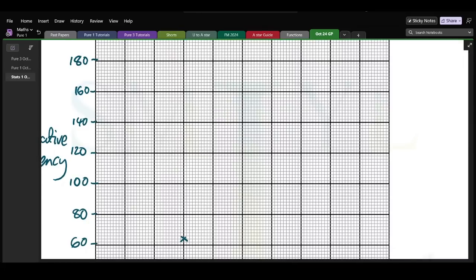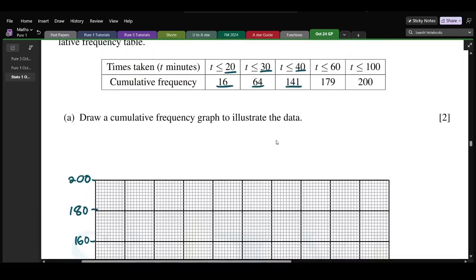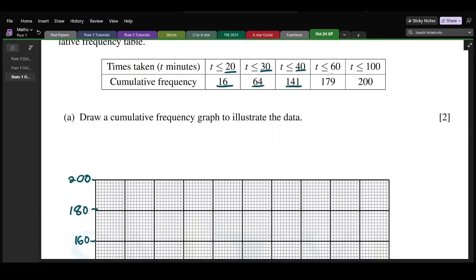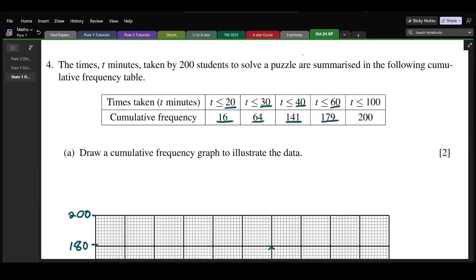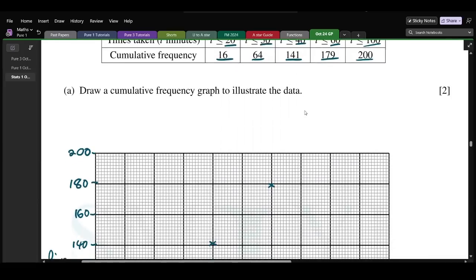We want 141. We are moving in 2-unit intervals, so 141 should be that point there. And then we've got 60 and 179. This is 40, so there's 50, there's 60, and we want 179, which should be there. And then finally we want 100 and 200, which is the top corner.